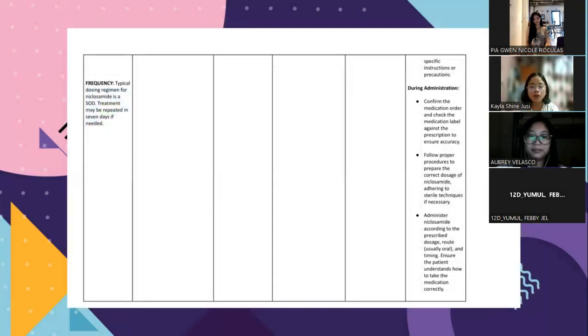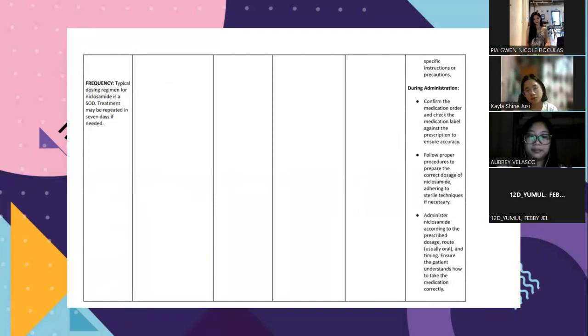During the administration, confirm the medication order and check the medication label against the prescription to ensure accuracy, and follow the proper procedure to prepare the correct dosage of niclosamide, adhering to sterile technique if necessary.